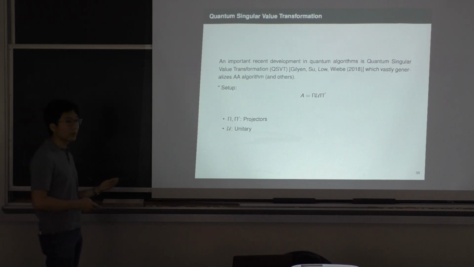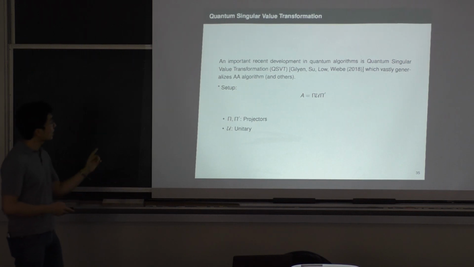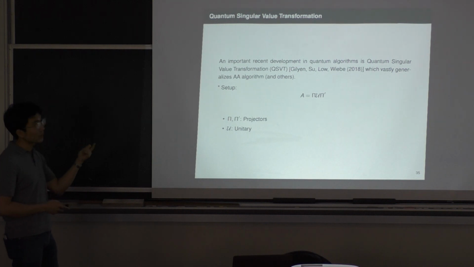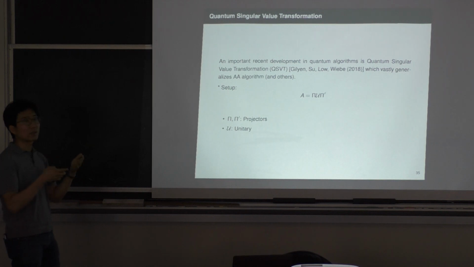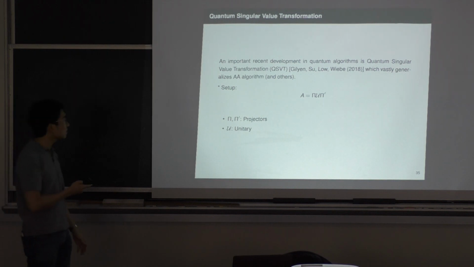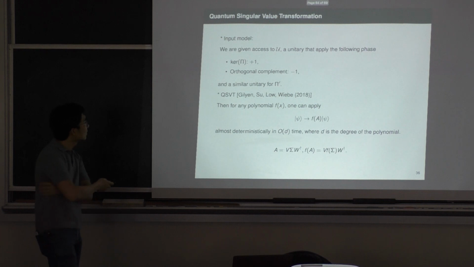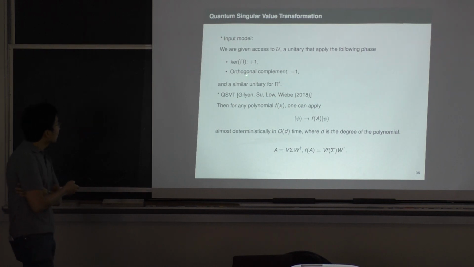Obviously, that won't be a very deterministic process, but what this algorithm allows us to do is to make that almost deterministic, meaning that if you want to apply it with probability 1 minus epsilon, you can do that with a cost that scales like log 1 over epsilon. And how this works is very simple.